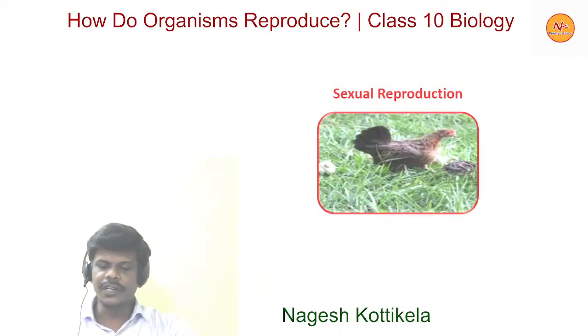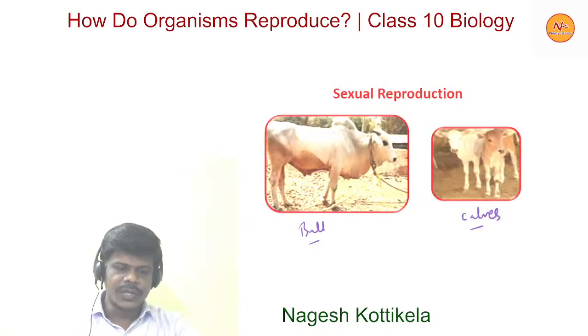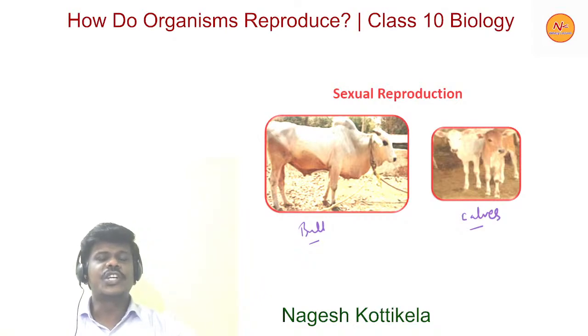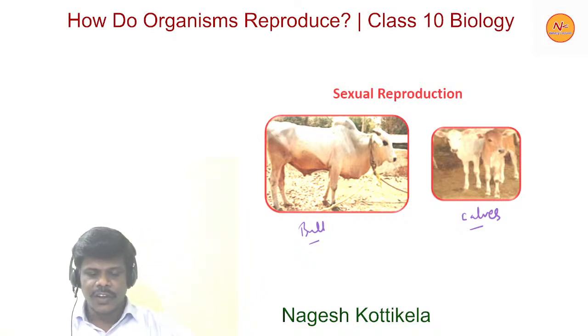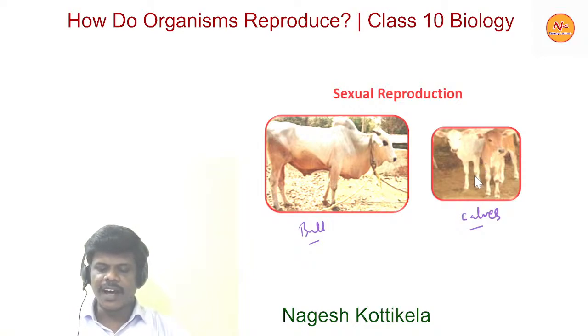And one more, here you will find the picture of a hen, and this hen alone cannot produce new chicks. So in such cases, both the sexes, males and females, are needed to produce new organisms.